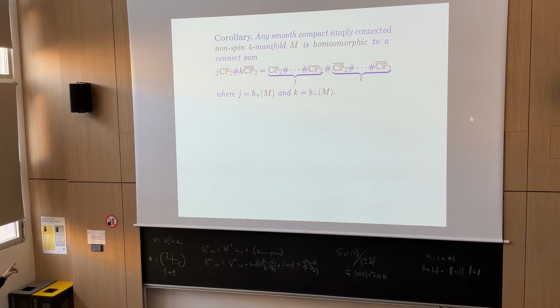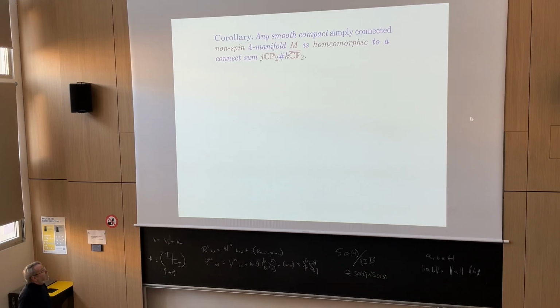You don't have to go find the harmonic forms in order to find out what B plus and B minus are. There's a geometric way of figuring out the intersection form on the integer homology, and from that it turns out that B plus will be exactly the number of CP2s, and B minus will be the number of CP2 bars. I'll say in the next lecture a little bit more about why that's true.